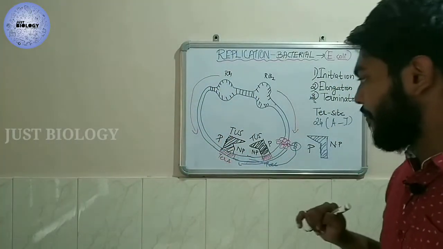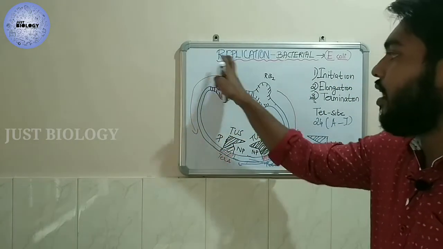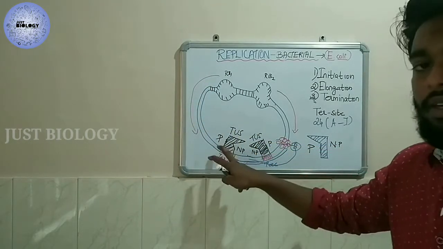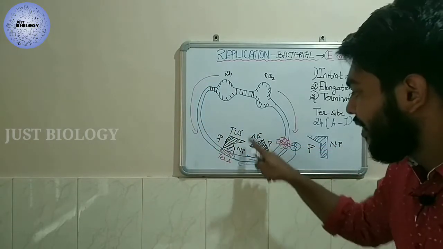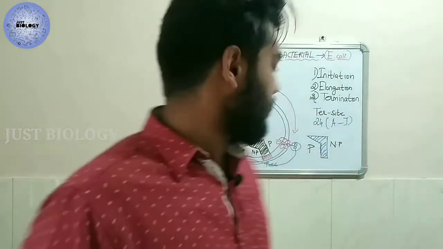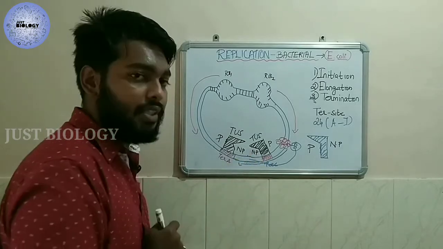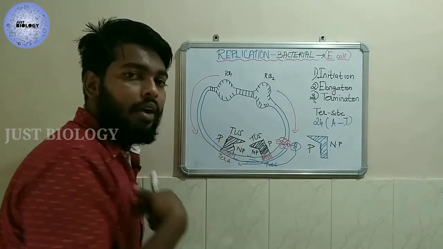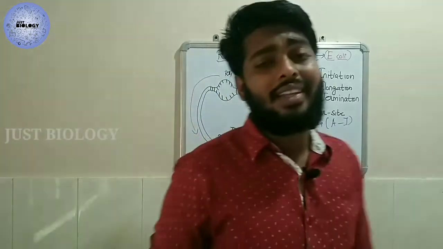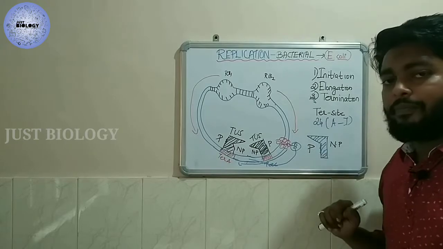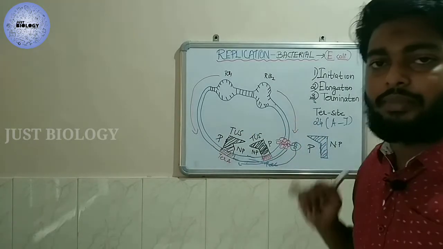So this is the idea. And in the same way, this RB1, their B protein can pass through this region, but they cannot pass through the second TUS-TER complex because it has the non-permissive end. So when they meet each other, this B protein will fall off or dissociate. So this is the basic idea of the termination.